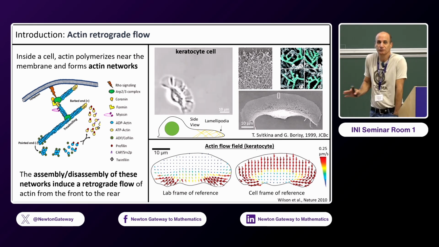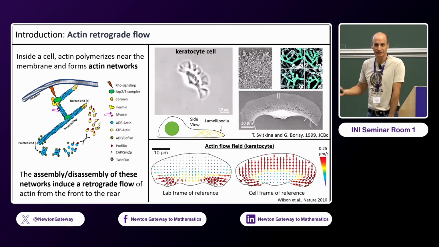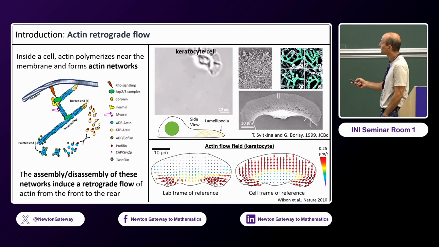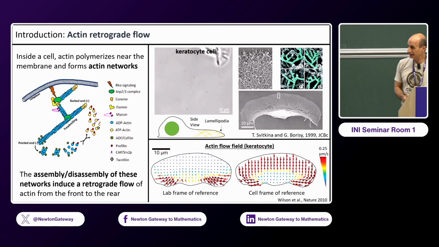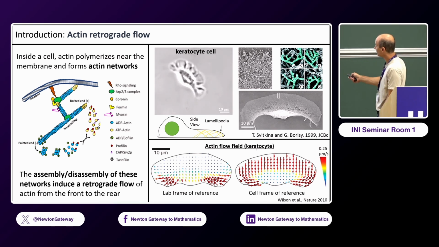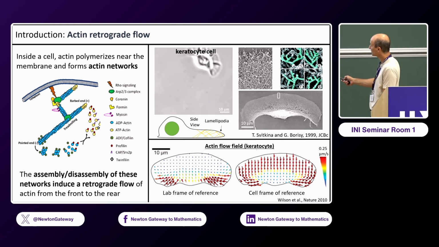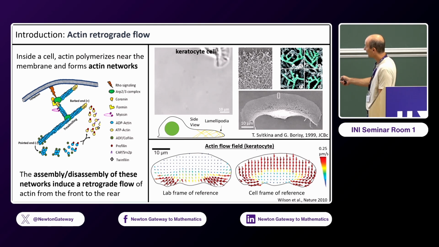So you're not running out of fuel. The idea is that these cells are healthy and alive, and you can continuously do this internal flow, which in the rest frame of the cell actually looks like it's emanating in the front and moving all the way to the back.